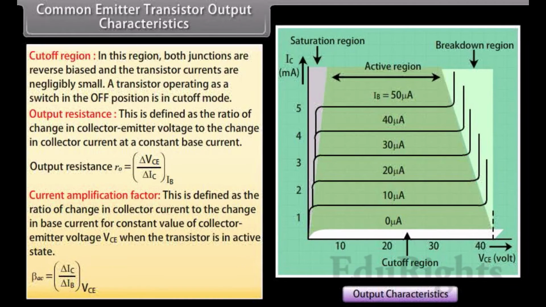Current amplification factor. This is defined as the ratio of change in collector current to the change in base current for a constant value of collector-emitter voltage VCE when the transistor is in the active state.